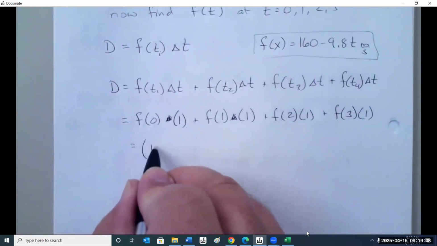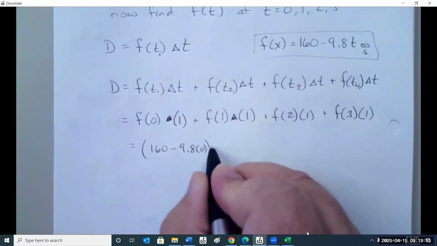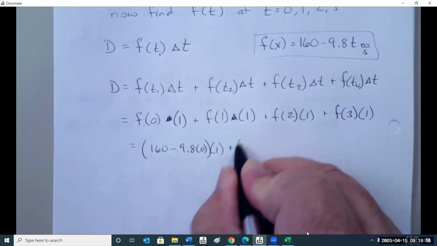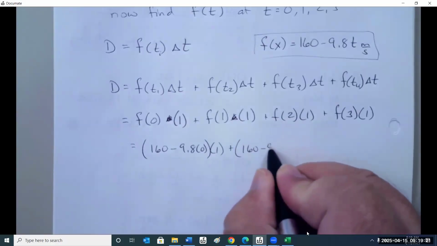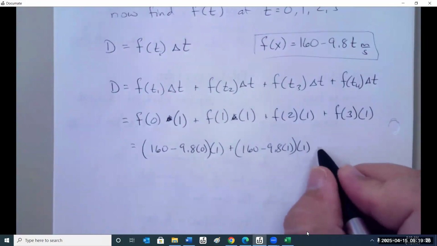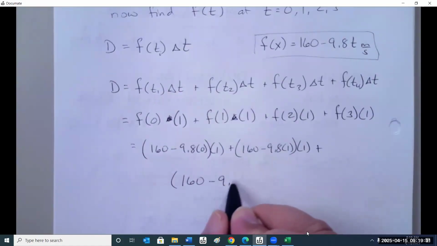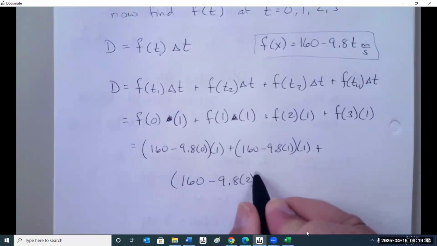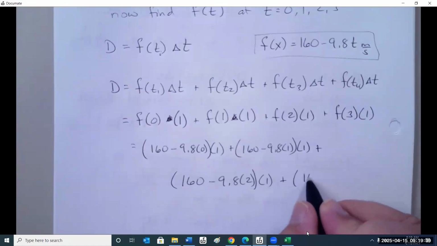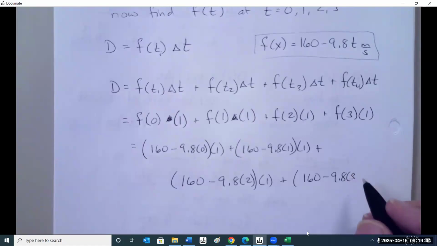So we have 160 minus 9.8 times 0 times 1, plus 160 minus 9.8 times 1 times 1, plus 160 minus 9.8 times 2 times 1.